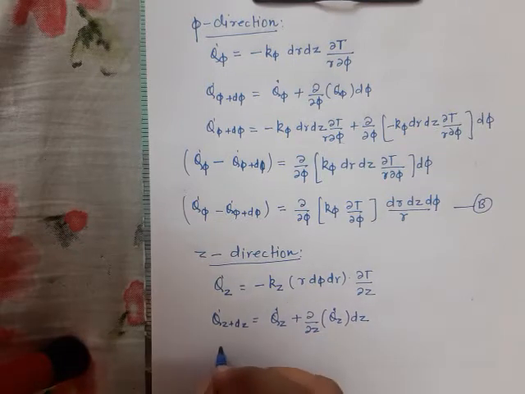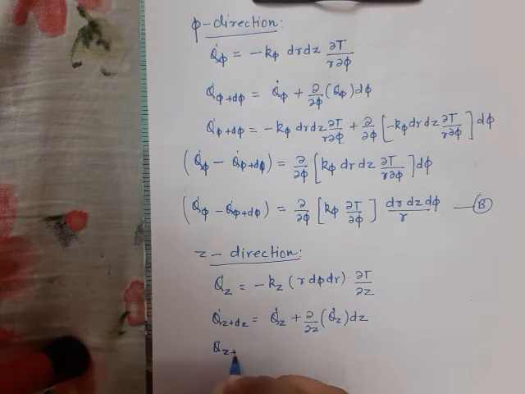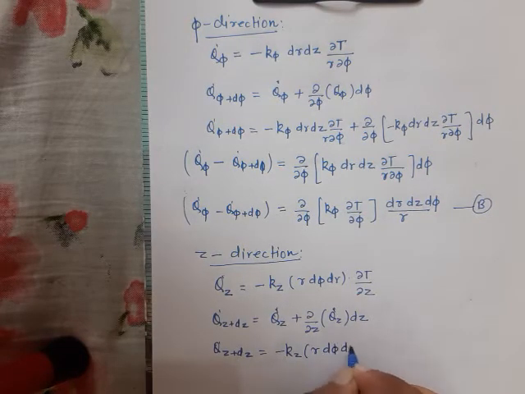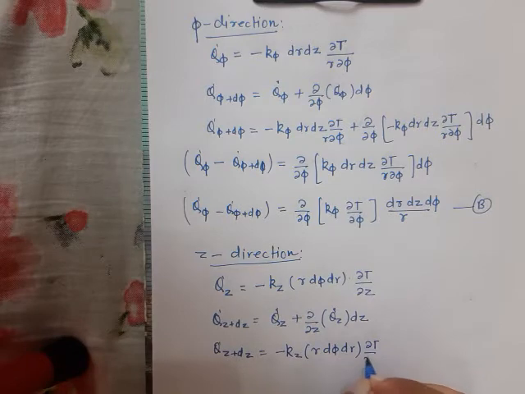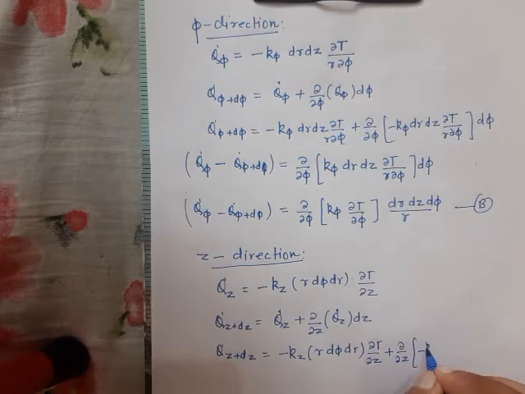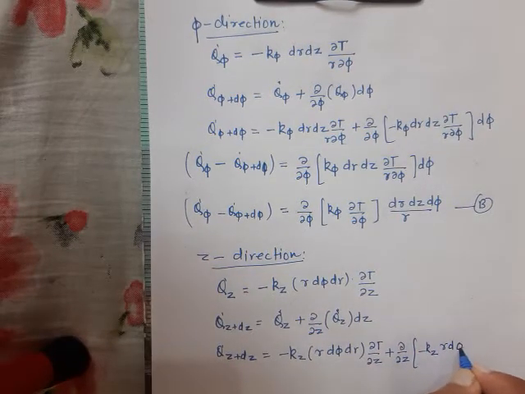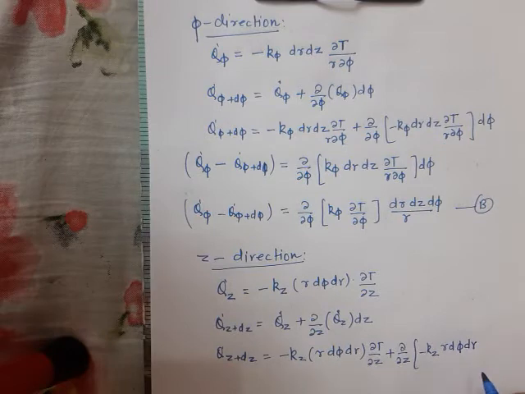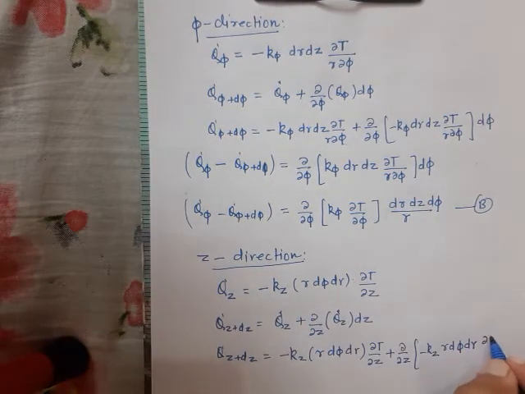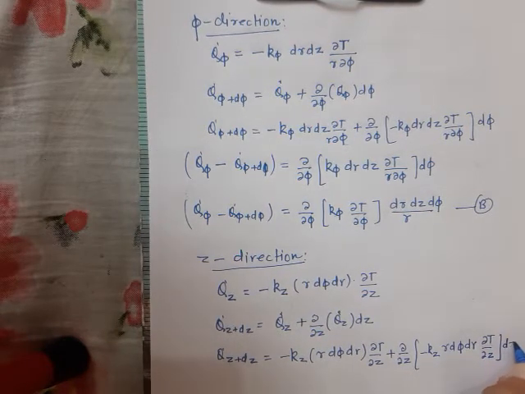And now q_(z+dz) can be written as minus k_z r d phi dr del T upon del Z, this value, then del upon del Z of this q_z. q_z is minus k_z r d phi dr del T upon del Z, and this is dz.